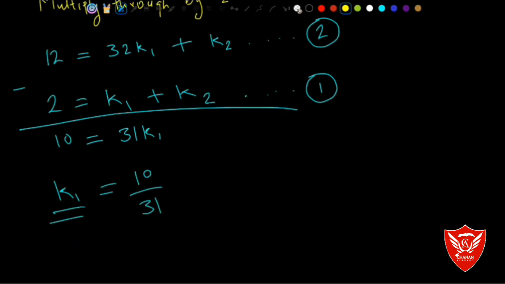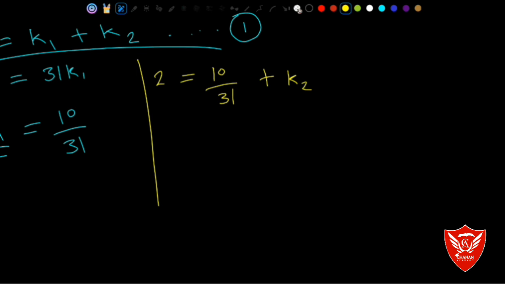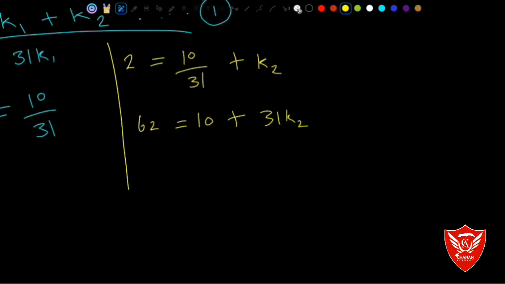So from equation 1, we can substitute k1 and then we'll be able to get our k2. So we have 2 equals 10 over 31 plus k2. So let's multiply through by 31. If we do so, we are going to have 62 equals 10 plus 31k2. Now, let's take this 10 to the other side.